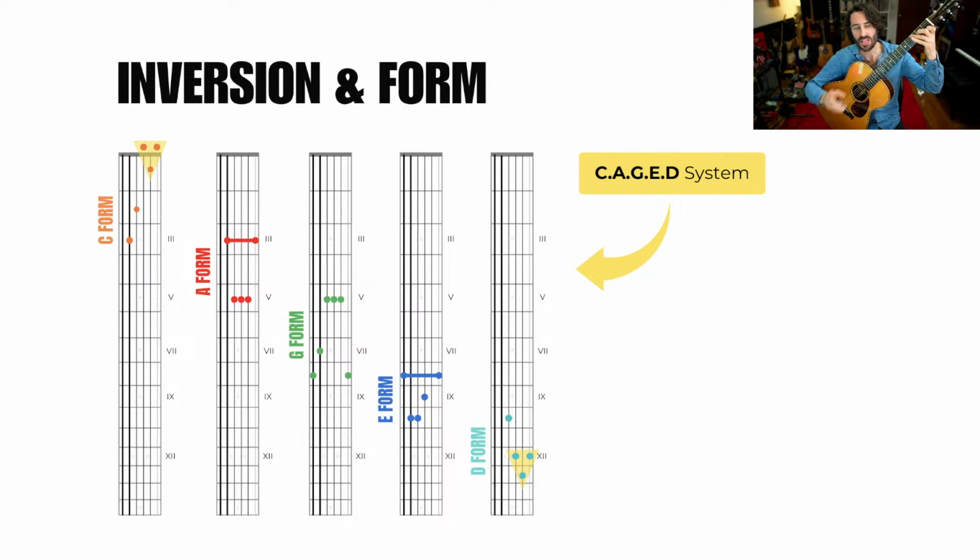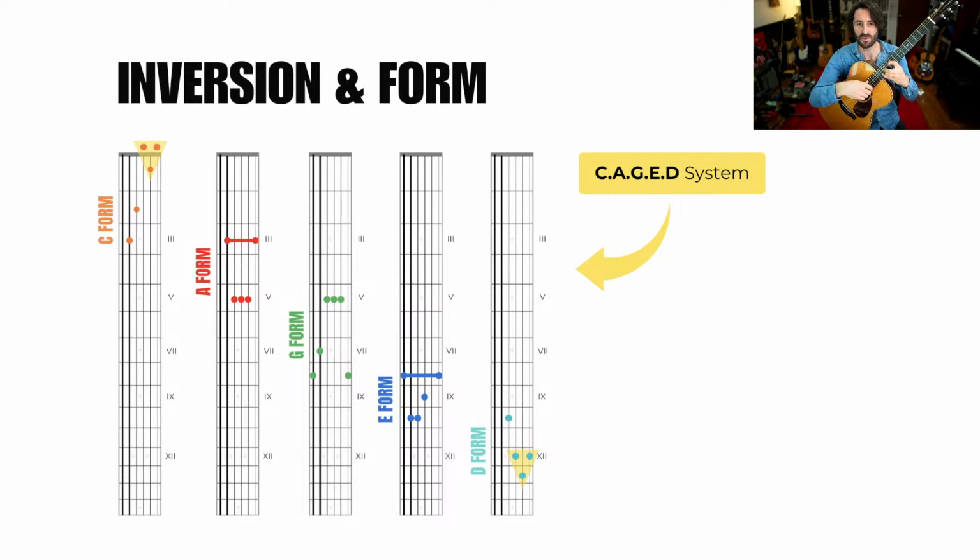So if I were to play the C chord in these forms, there's the C chord in C form. There's the C chord in A form. This is the C chord in G form. Then there's the C chord in E form. And then finally the C chord in D form.